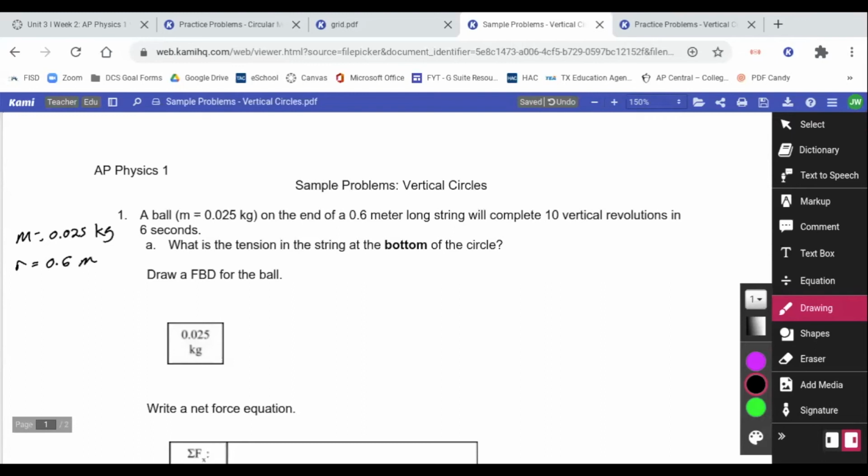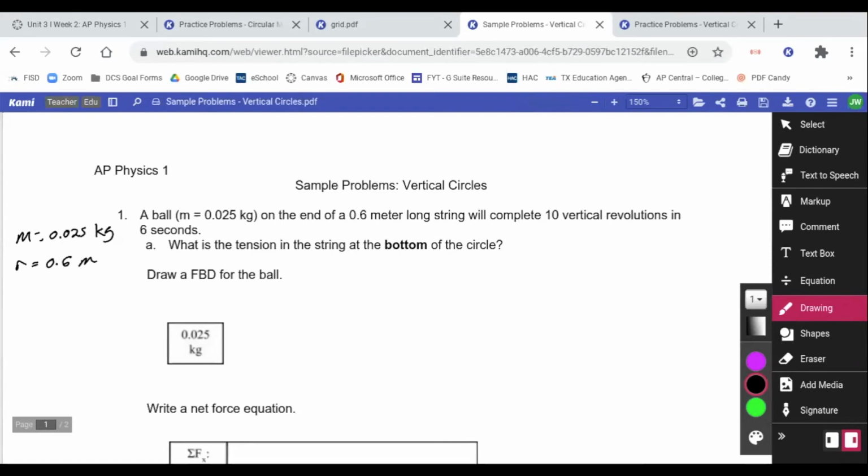So what variable is it trying to help us get to? What information does that lead us to? The period. Okay, the period, great. Or T was put in the chat, exactly right. If it can do 10 circles in 6 seconds, how long does it take to do 1? 3/5 of a second for 1 revolution.